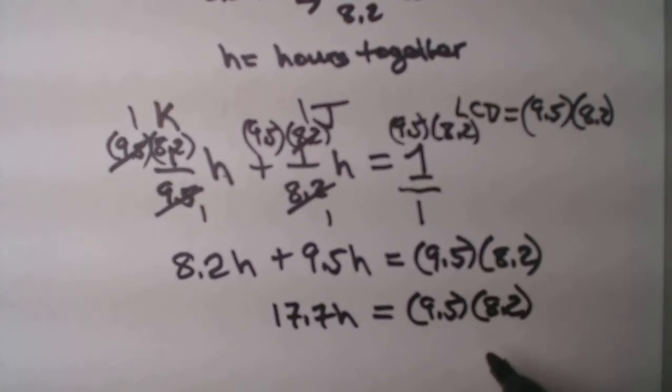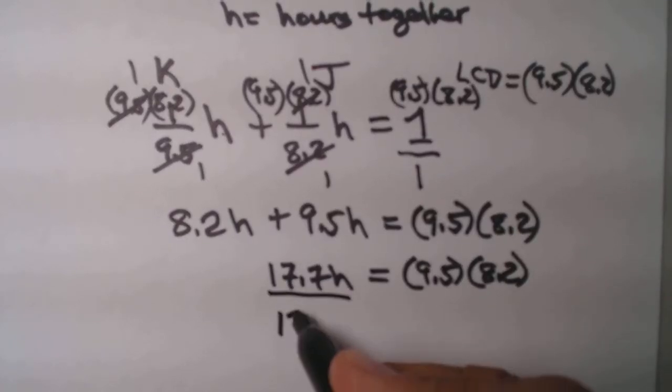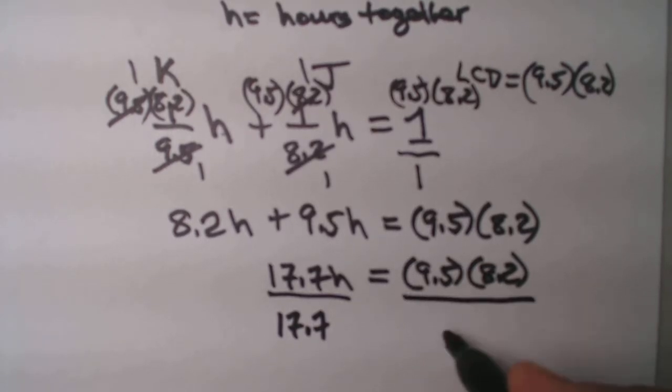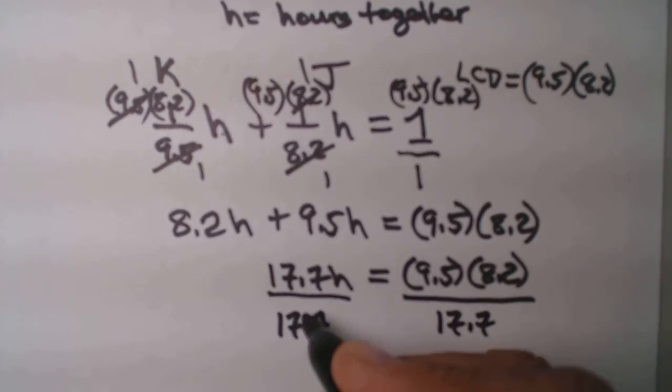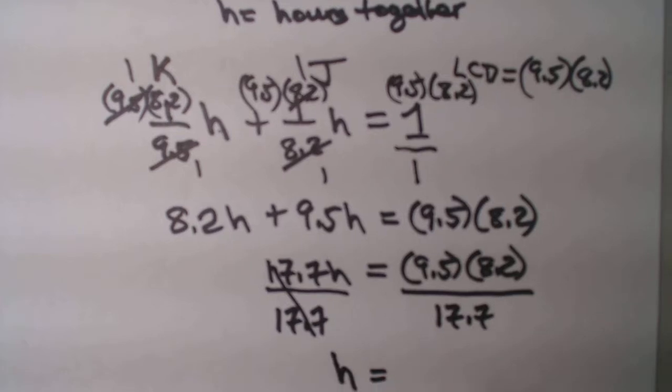Here it is, okay. And now, just divide both sides by 17.7. Okay, and you do that on both sides over here by 17.7 also. We'll get H equal. Now it's time to go get your calculator.